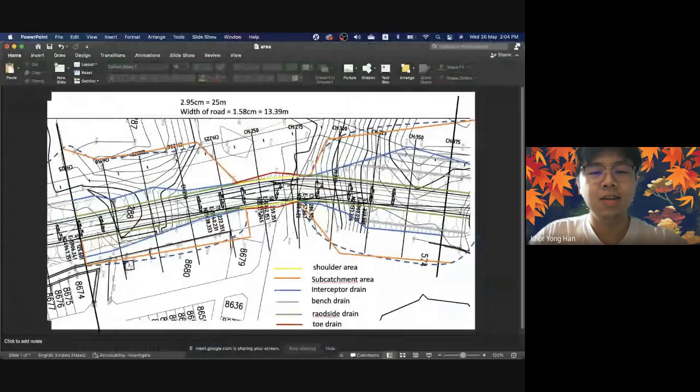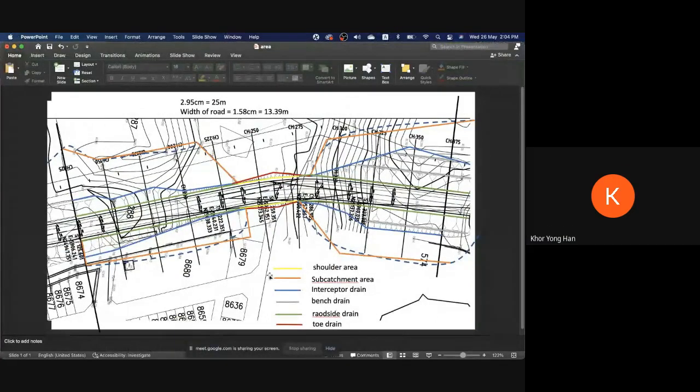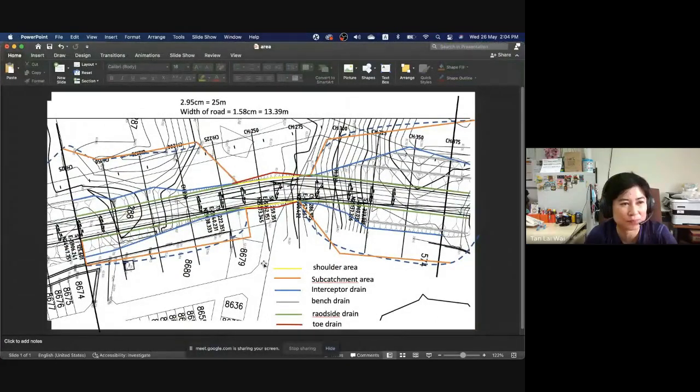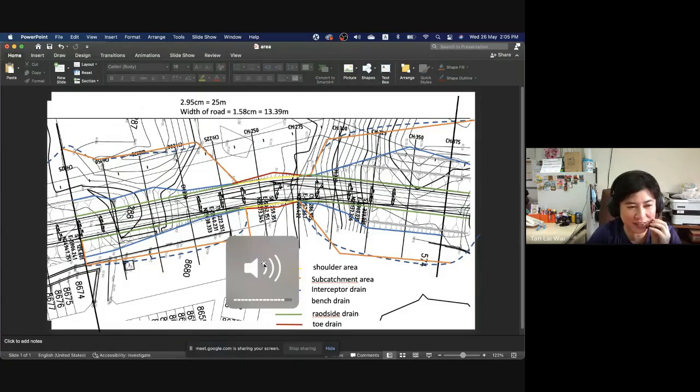So our first question is area of undeveloped. We actually don't understand where to start to measure. May I know what you mean by area of undeveloped, or undeveloped area?